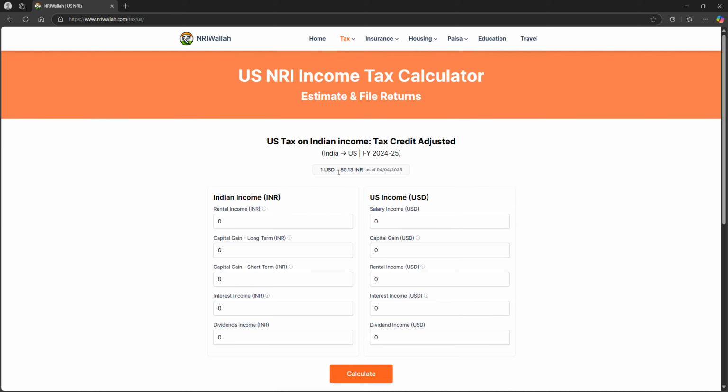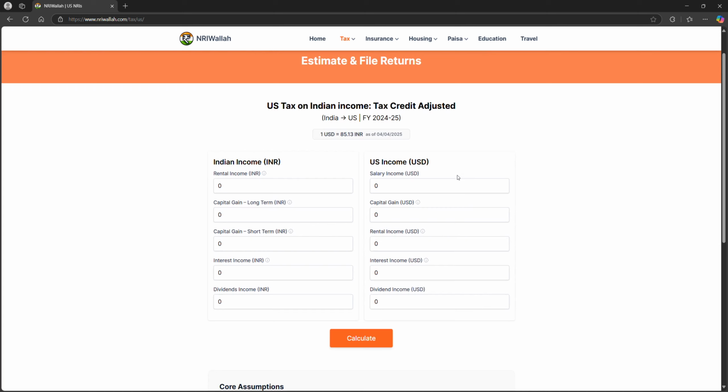It fetches the last close of the exchange rate. Let's give some sample values and see how it works. Let's say we have a US NRI with an Indian income, say rental income of around 3 lakh. These are all yearly.